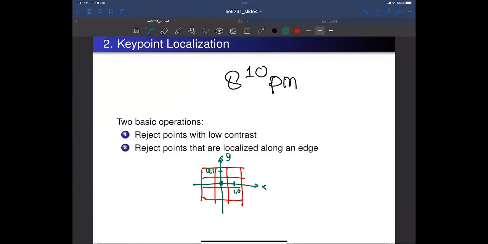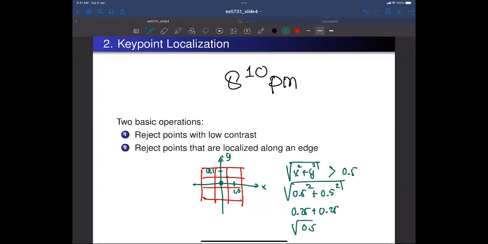Offsets means that x plus y squared have to be greater than 0.5. Let's see, if it is 0.5 plus 0.5, which is here, right? What is that? 0.5 multiplied by the square root of 2, which is 0.5. Actually, it is 0.25. What is the square root of 0.5?